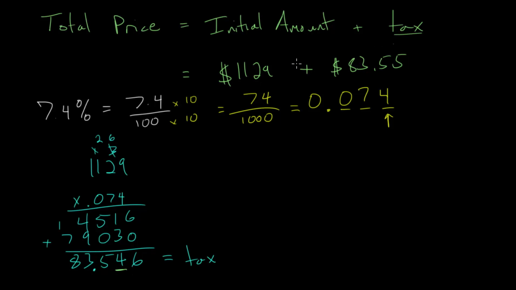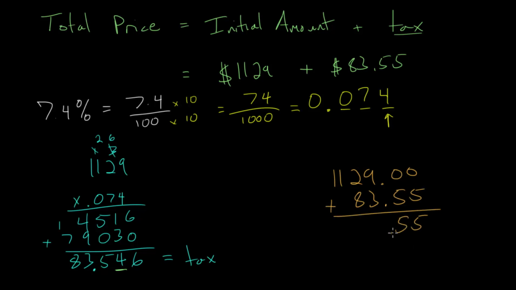Let's finish by adding these numbers. For adding decimals, remember we just line up the decimal places. We can put a decimal after our ones place here. We have 83.55, so we can add in a couple zeros there as placeholders. And we just add straight down. We would have 55 cents for our decimals. 9 plus 3, that's 12. We carry the 1. This would be 11. Carry the 1.